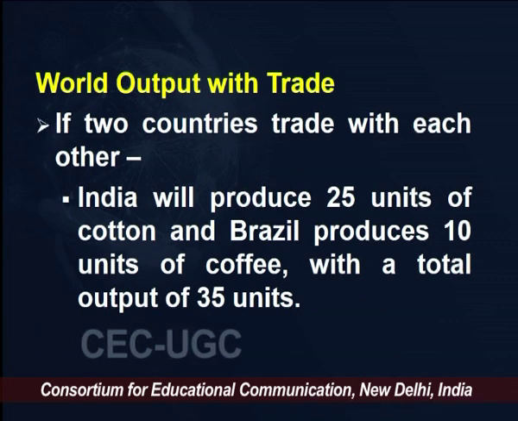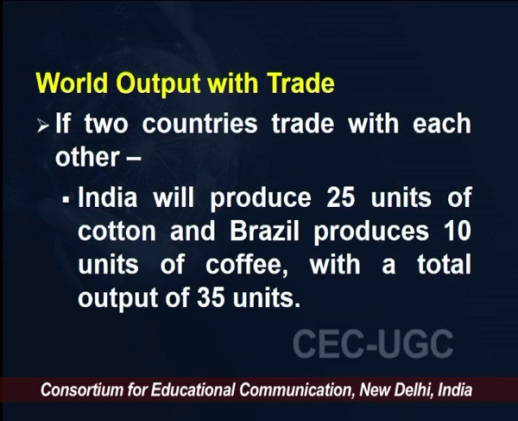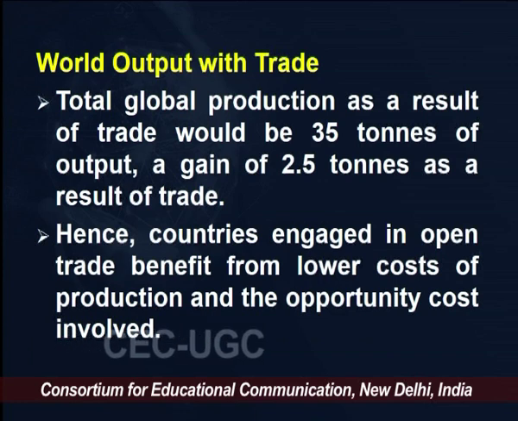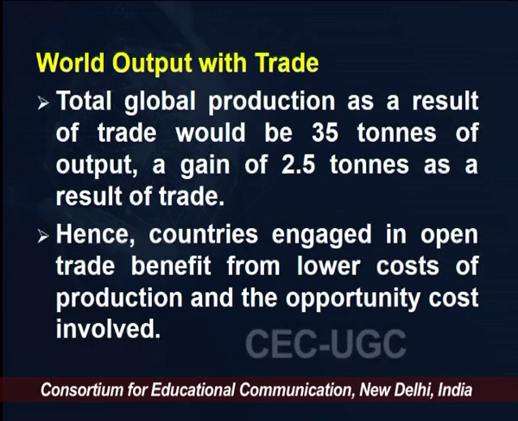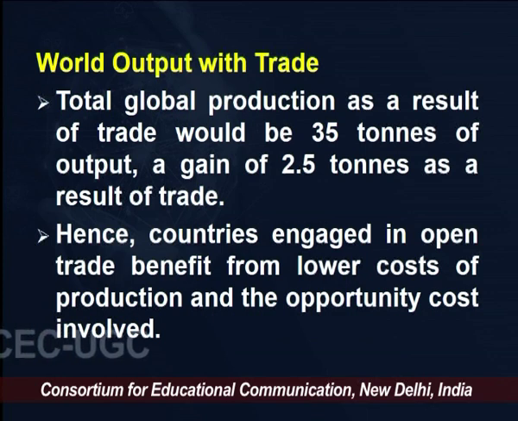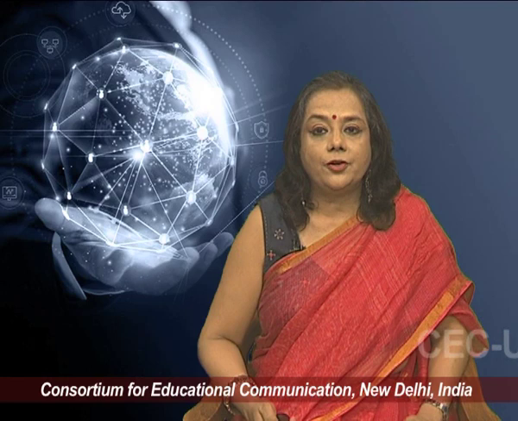India will produce 25 units of cotton and Brazil produces 10 units of coffee with a total output of 35 units. Total global production as a result of trade would be 35 tons of output, a gain of 2.5 tons as a result of trade. Hence, countries engaging in open trade benefit from lower cost of production and also from opportunity cost involved.